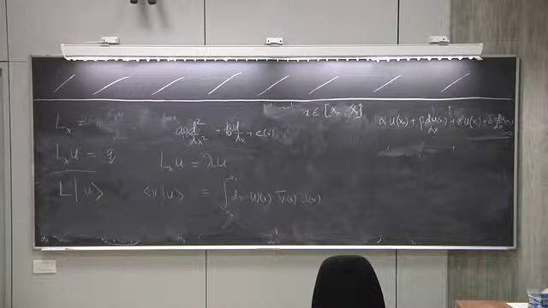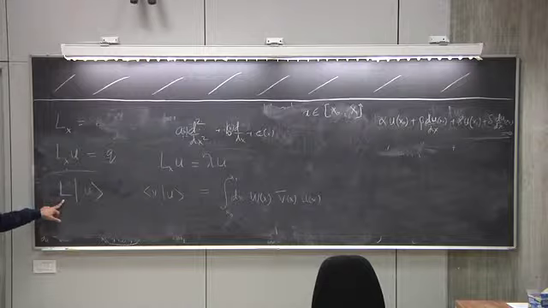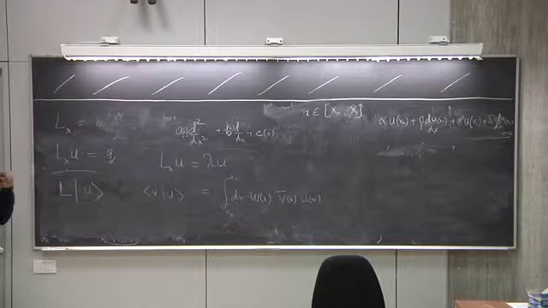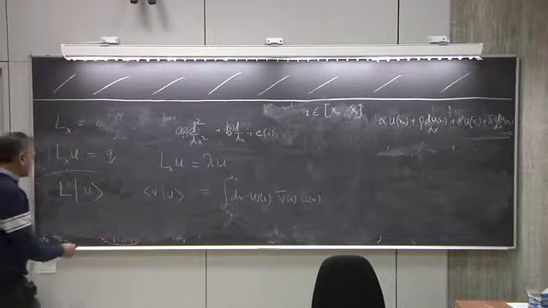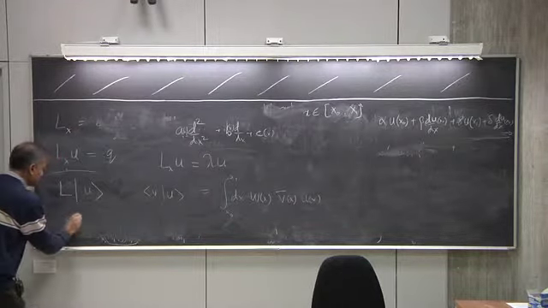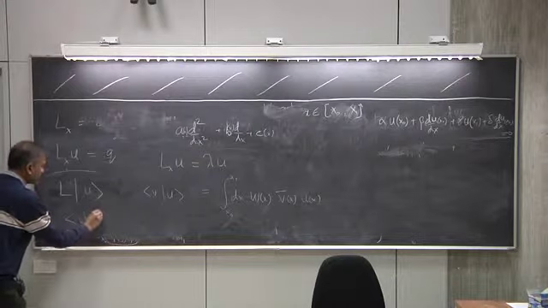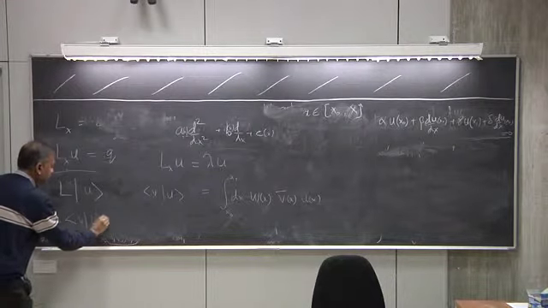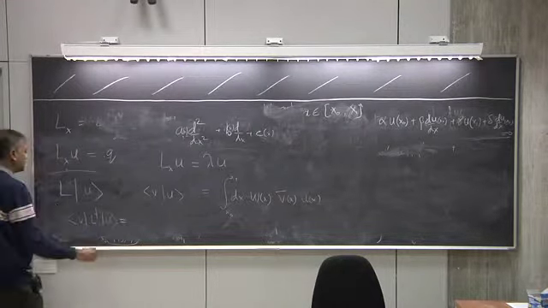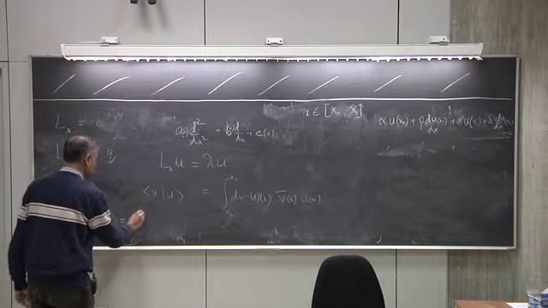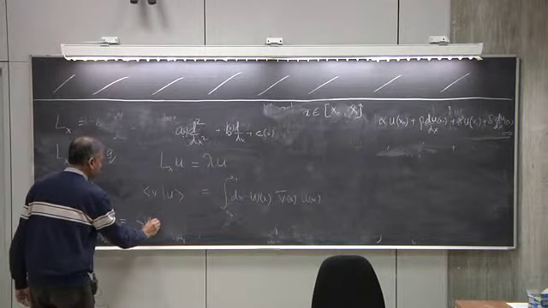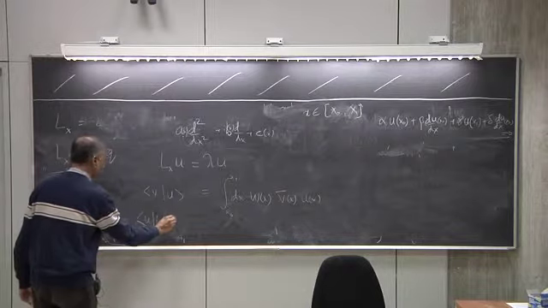Then the natural question is whether there is a definition of an adjoint operator. We have seen that in the finite dimensional cases. So what will be the adjoint operator? For that we use the definition: the inner product of v with L dagger u should be equal to the complex conjugate of the inner product of u with L v.